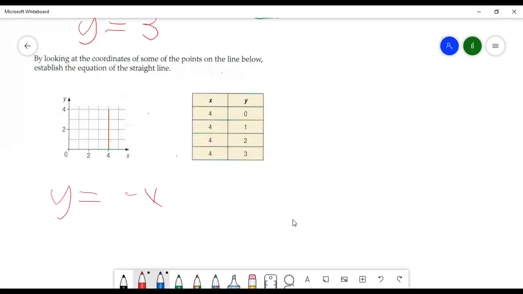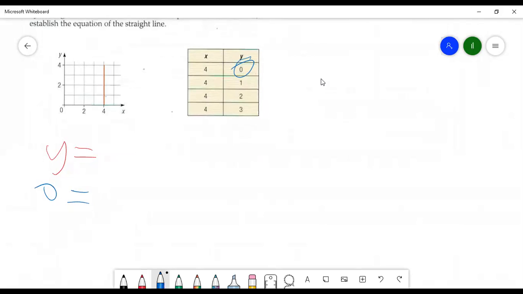For example, this value of y: 0 equals what? 0 equals 4, right?